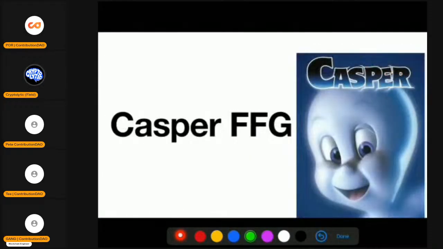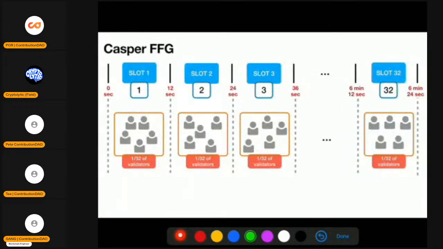Okay. Now, if it's clear, I'm going to the next section, the Casper FFG. This is the structure we discussed in the previous section, the LMD GHOST.